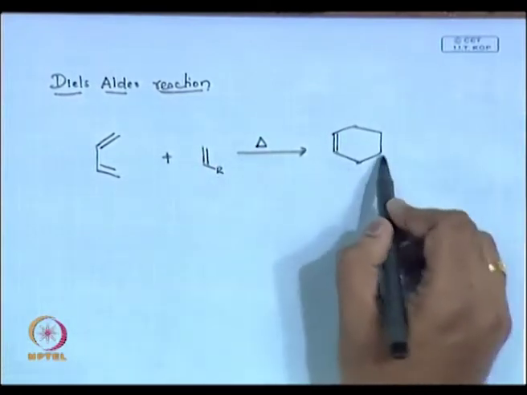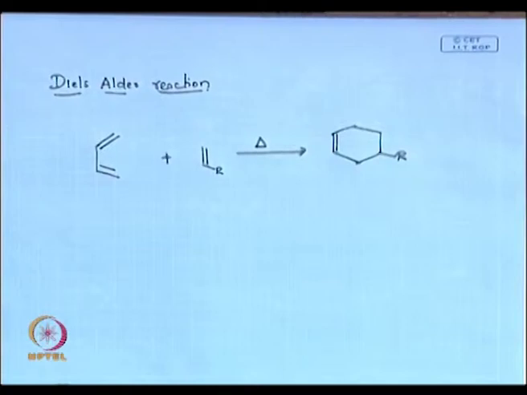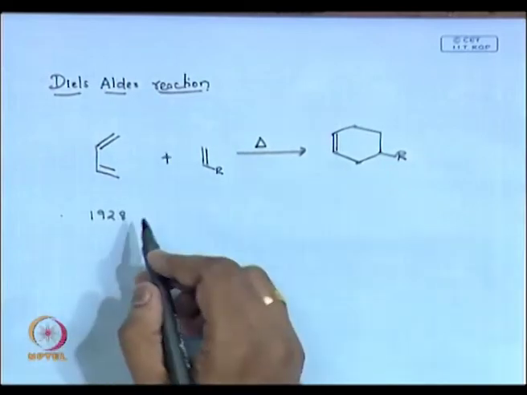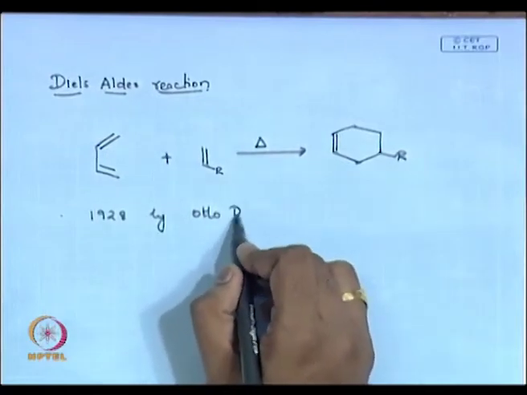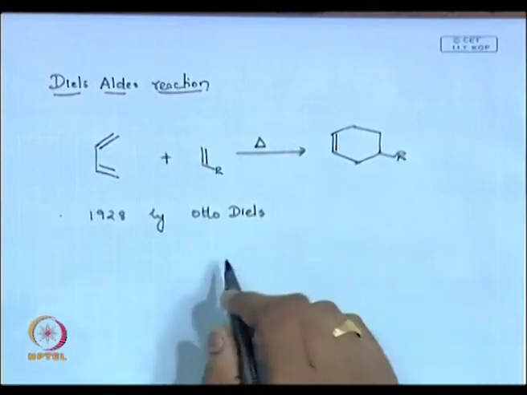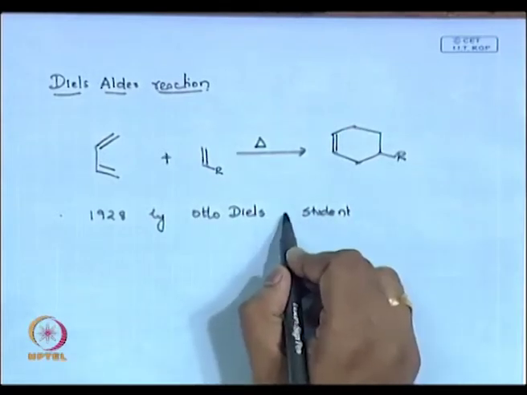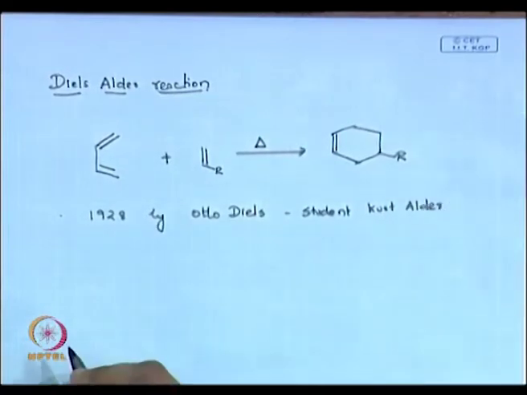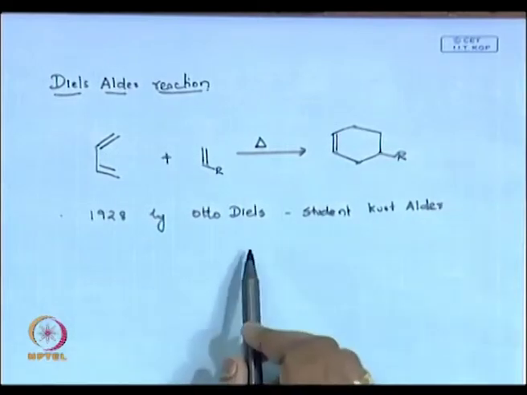This reaction was first discovered in 1928 by Diels and his student Kurt Alder.